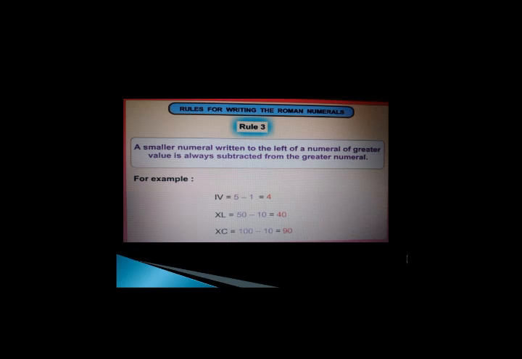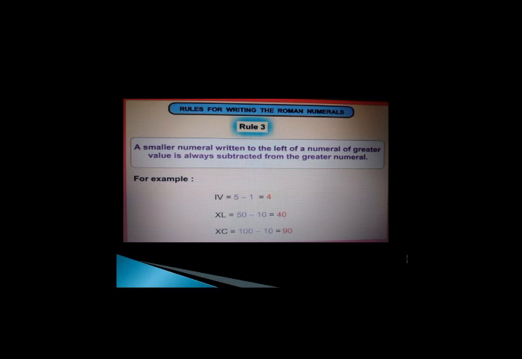Now, rule number 3. A smaller numeral written to the left of a numeral of greater value is always subtracted from the greater numeral.